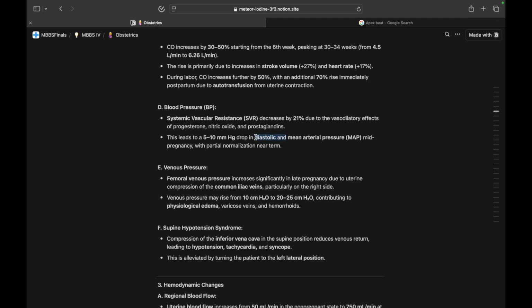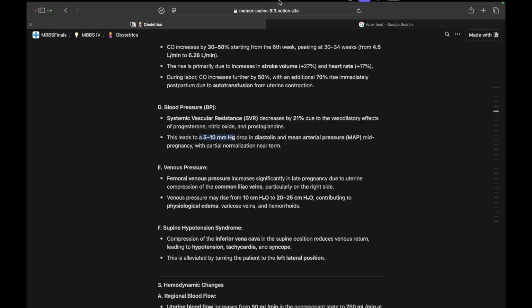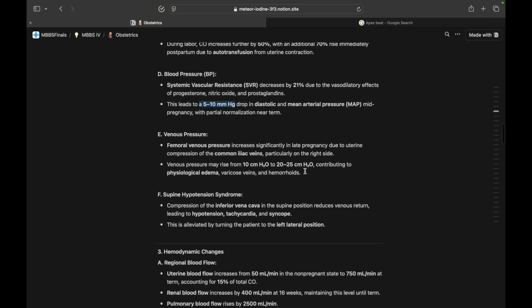Diastolic is dependent on total peripheral resistance, and mean arterial pressure is dependent on both systolic and diastolic, but since there is a drop in diastolic, mean also drops. Since it's a mean, it means somewhere in the middle, so the middle also drops since the bottom one drops, with partial normalization near term. So SVR reduces by 21% and this translates to a 5 to 10 mmHg drop in mean arterial pressure.